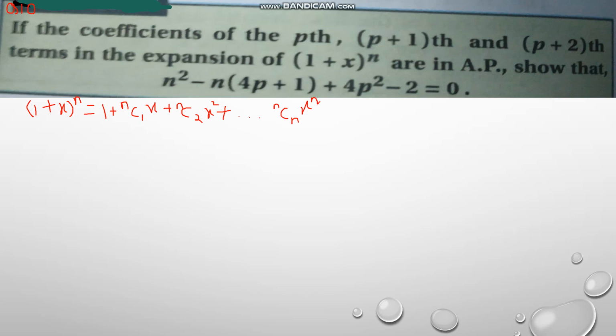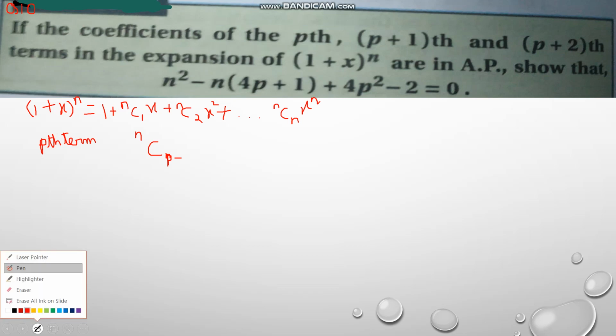This is the expansion. Now let's find the pth term. One can easily guess it. It will be nC(n minus p), but one can write it as nCp, which will be simpler, since nC(n minus p) is equivalent to nC(p).